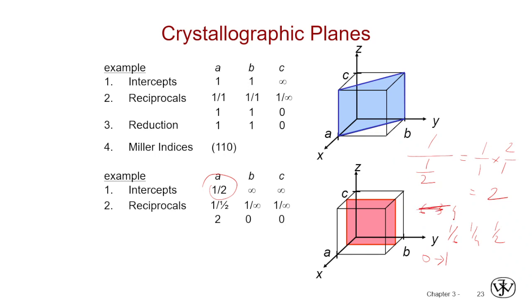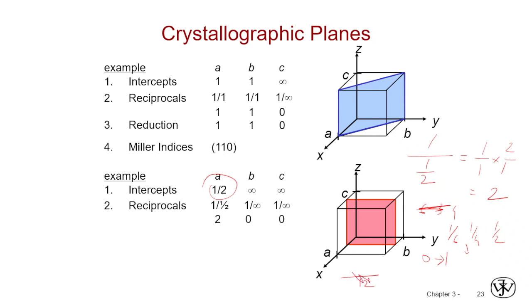Then we take the reciprocal, do the LCM and get the final value. Say in our case 6, 4, 2, we get 12. So what do we do? 1 by 6, 1 by 4, 1 by 2.